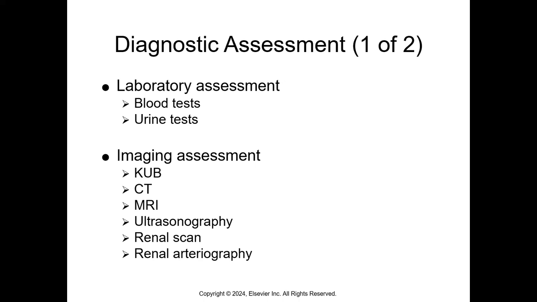So if we have calculi, remember we talked about calculi is what we call kidney stones. These are crystals of uric acid mixed with other forms of metals that create crystals.